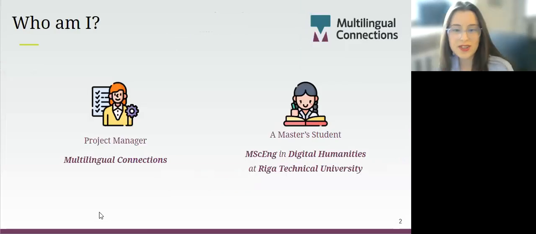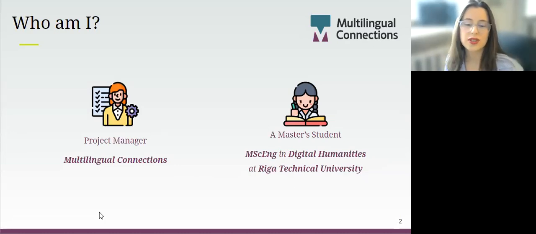I am a project manager at Multilingual Connections, and I have been working as a PM for over 3 years now, and my responsibilities include overseeing various types of projects: translation, transcription, multimedia, and language technology projects. I'm also a master's student in the digital humanities program at Riga Technical University, and I'm currently writing my thesis on agile project management in the LSP industry. It's a pleasure to see you all here with me today.